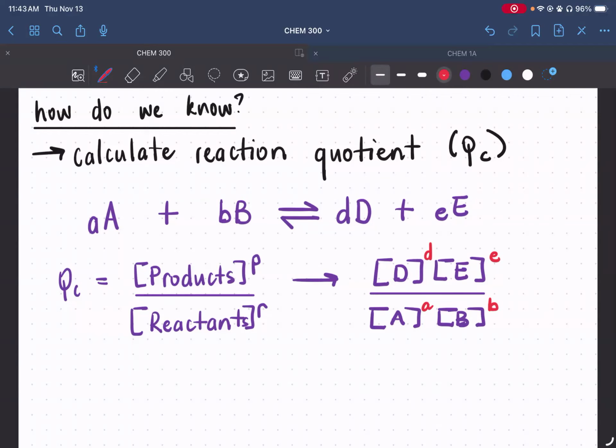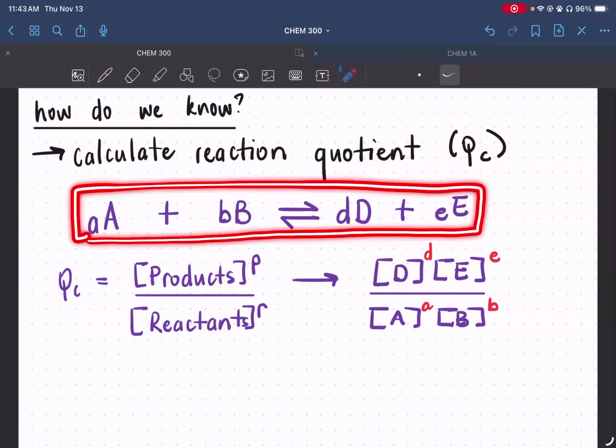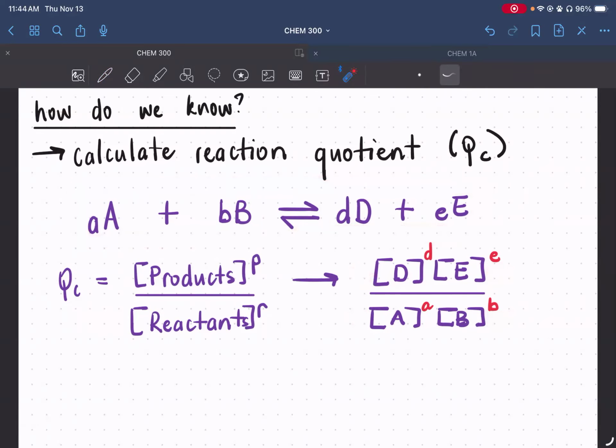So in theory, and in actuality, the only two things we really need to calculate the reaction quotient are a balanced equation and the specific concentrations of the chemicals involved.